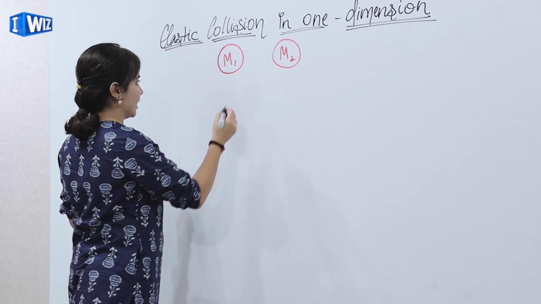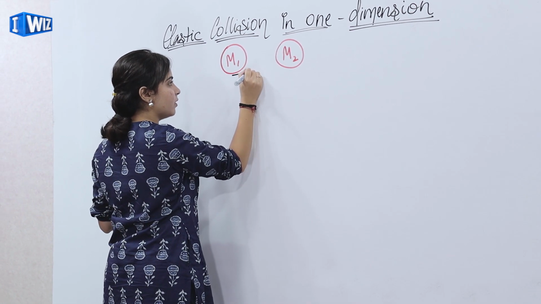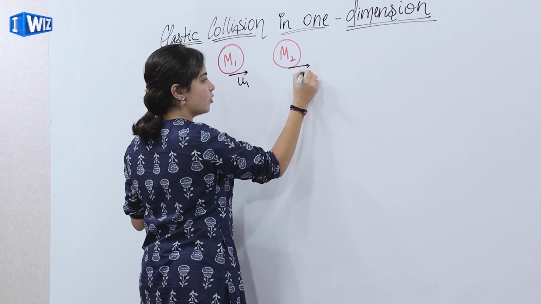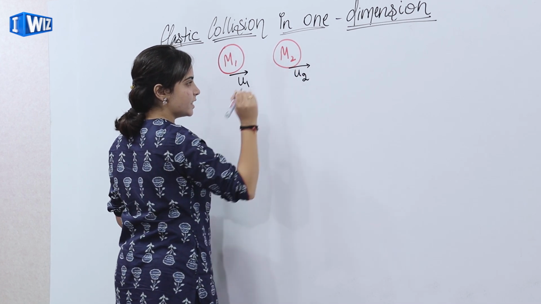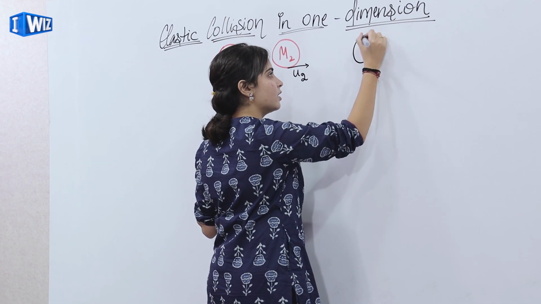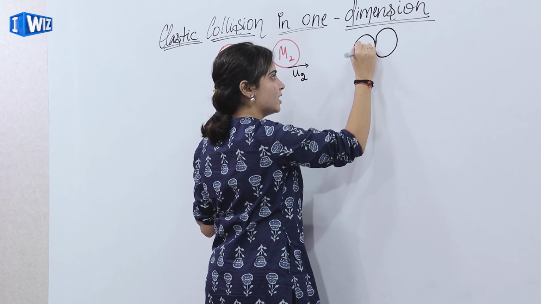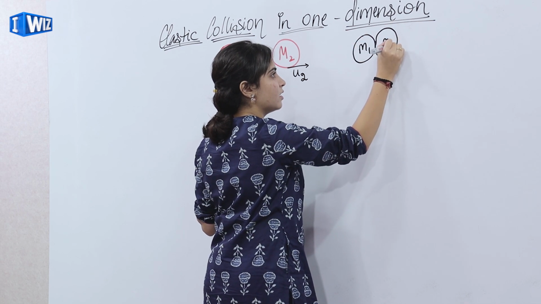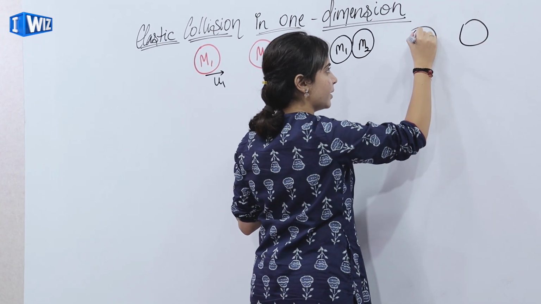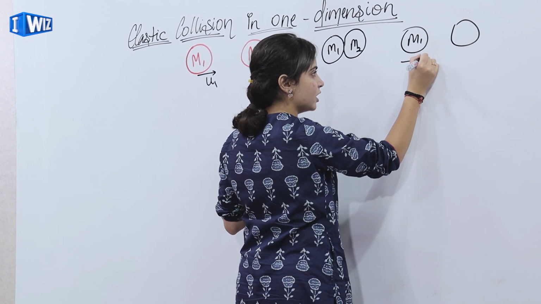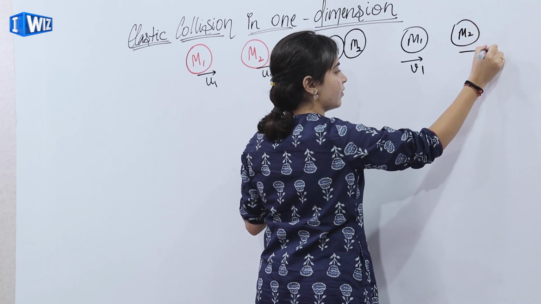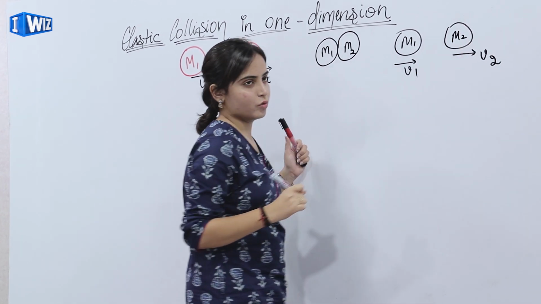Particle 1 is moving with the initial velocity u1 and m2 is moving with initial velocity u2. Particles m1 and m2 collide, then they move separately after collision with velocity v1 and velocity v2.